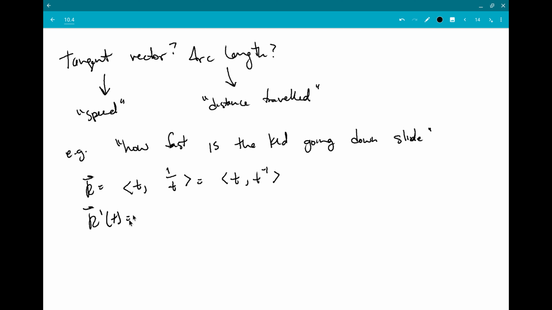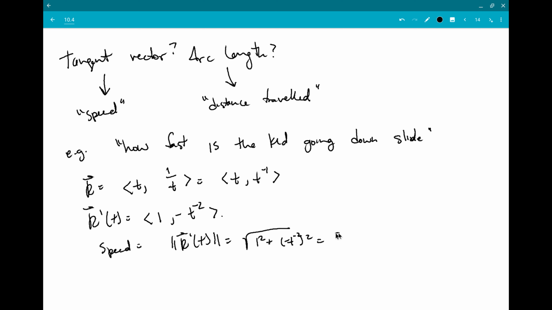R prime of t is going to be 1, minus t to the minus 2. And so speed is magnitude of r prime of t, going to be square root 1 squared plus minus t to the minus 2 power squared. That's square root 1 plus t to the minus 4, square root 1 plus 1 over t to the 4th if you want to write it that way.